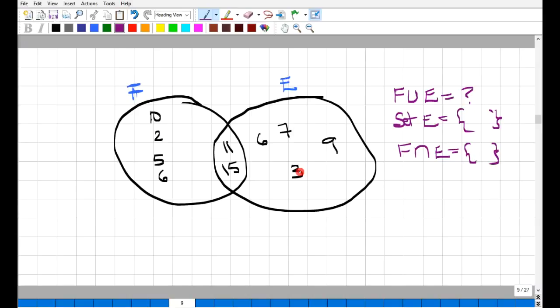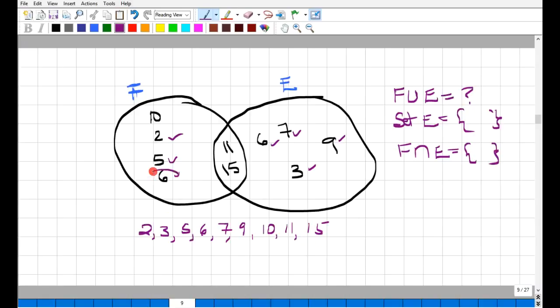2. 3. So the 2, the 3. 5, 6. 7. 9. 10. 11. 15.